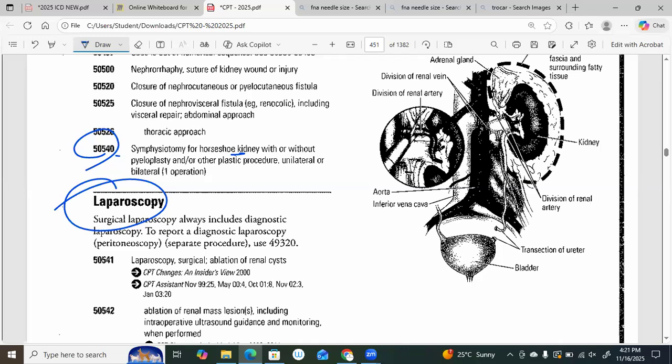Ma'am, incisions. And what we have to do in the open approach?